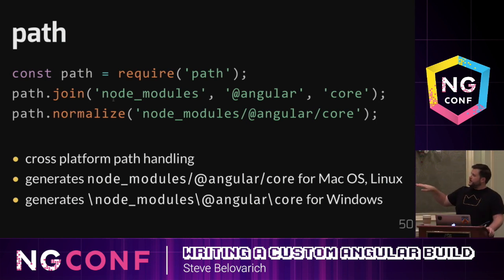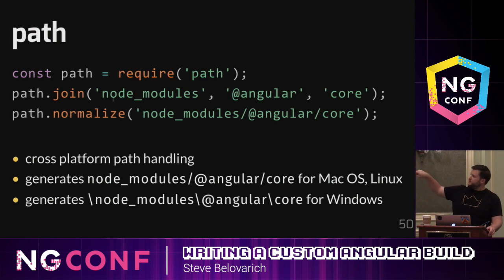It's a way for us to handle paths cross-platform. Because if we're writing these scripts and we're always using forward slashes, because we're used to our Unix file system on a Mac, that is not so good for Windows users, right? Who have to use a different way of writing file paths.